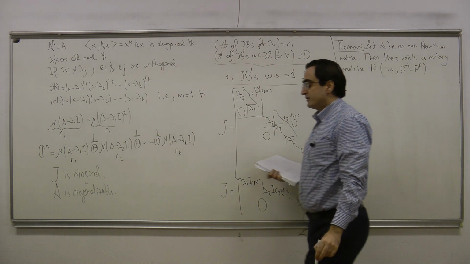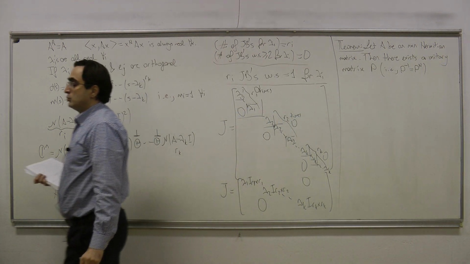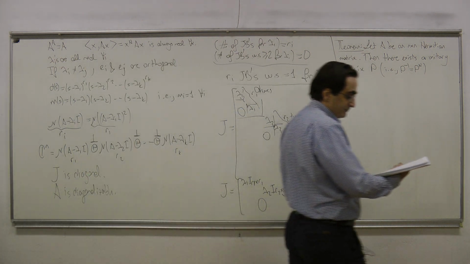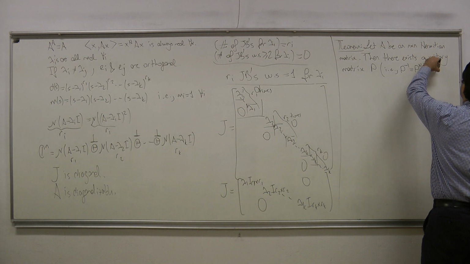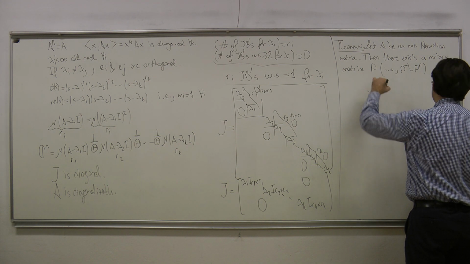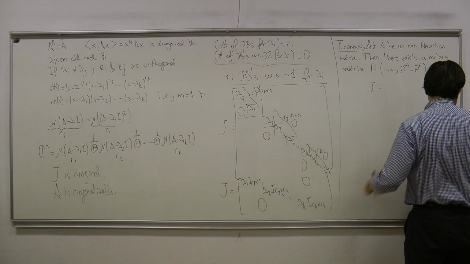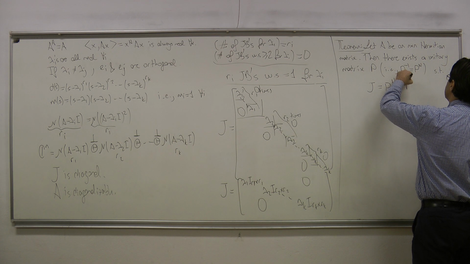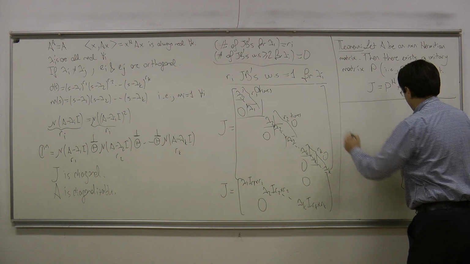So a unitary matrix is a matrix whose Hermitian is its inverse. All right? Such that the diagonal Jordan canonical form J is equal to P Hermitian A P. Okay?